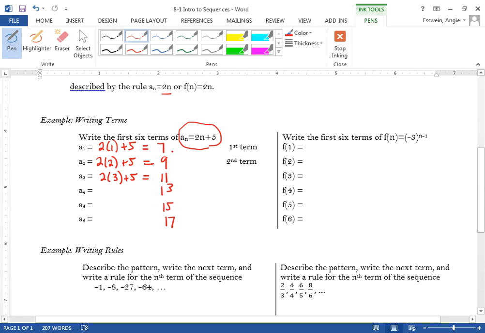That's the common difference between these terms, the 2. Notice it's not n plus 2 though, right? You actually multiply times 2. And that means that the common difference is 2. But in the rule, it's 2n. It's not n plus 2. Because you can see it right here when you expand it. 2 times 1, 2 times 2, 2 times 3.